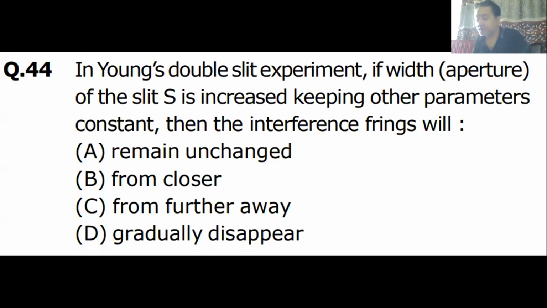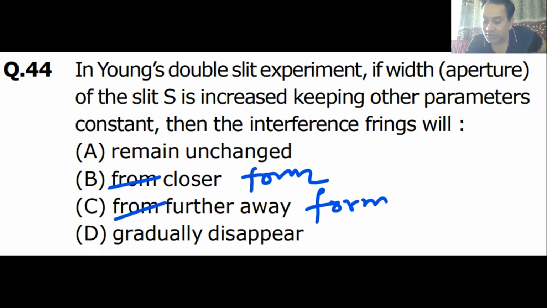Next one is this. Young's double slit experiment. We have two very small slits. If you increase the width of the slits, remember they have not increased the distance between the slits, they have only increased the width of the slits. What will happen? The interference fringes will remain unchanged, or they will form closer, or they will form farther away, or they will gradually disappear.